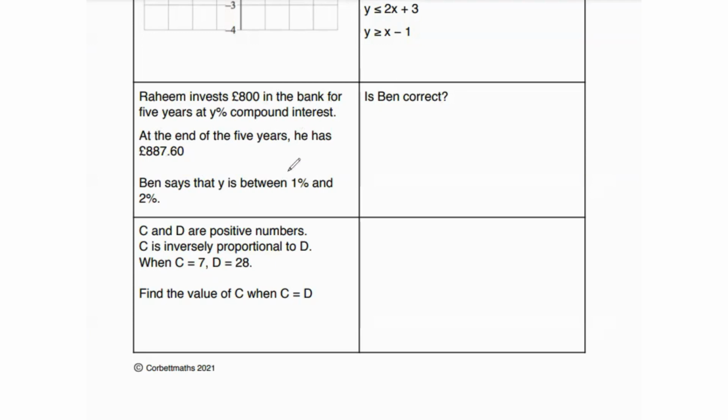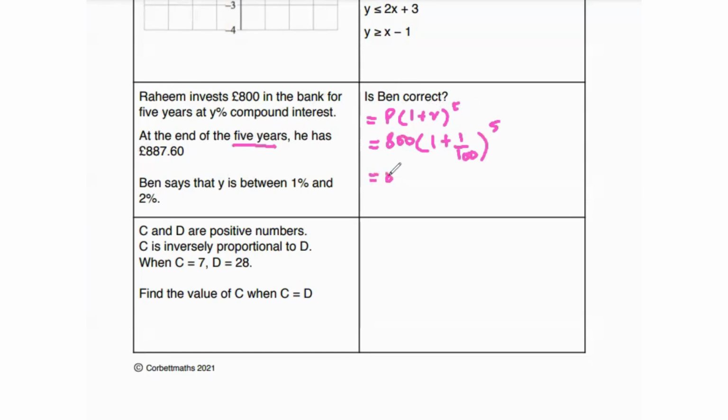So if we take 1% as the interest rate, firstly, our equation for the compound interest is going to be principal amount times 1 plus rate of interest to the power of t, which is time. So our principal amount is 800 times 1 plus 1 over 100, whole power 5, because we're talking about a 5-year time period.